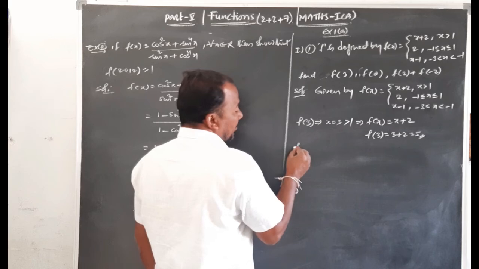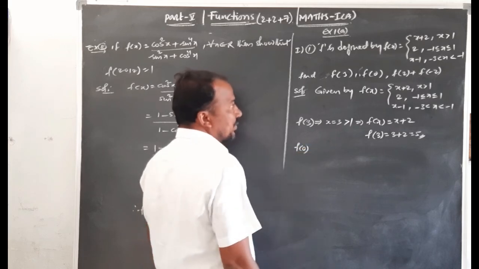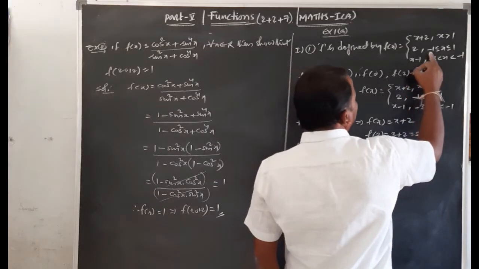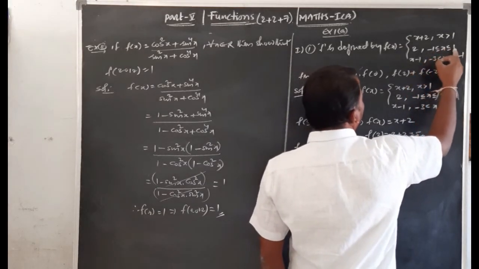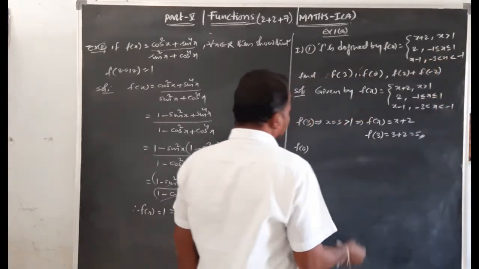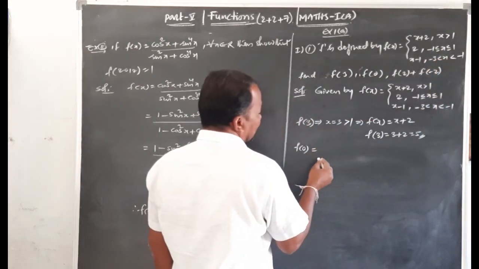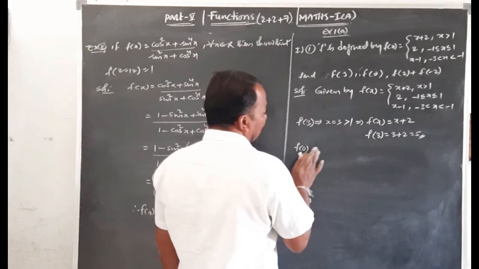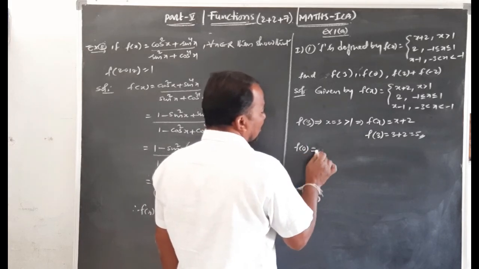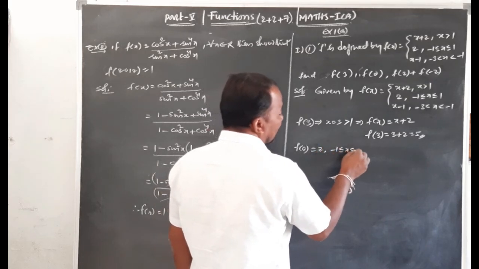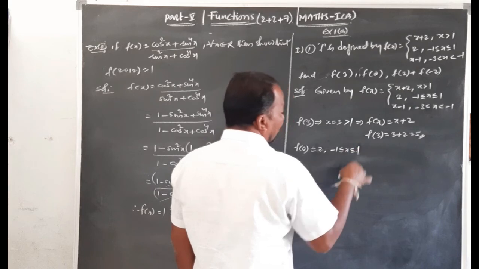f of 0: 0 lies between minus 1 and plus 1. So it is the second condition, f of 0 equals 2. Second condition: minus 1 is less than or equal to x is less than or equal to 1.